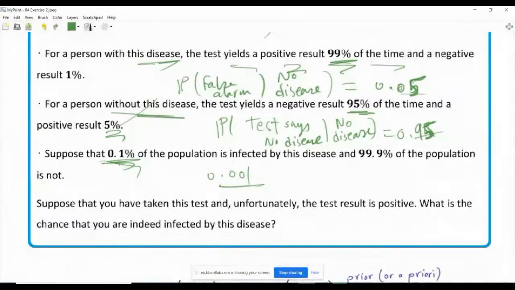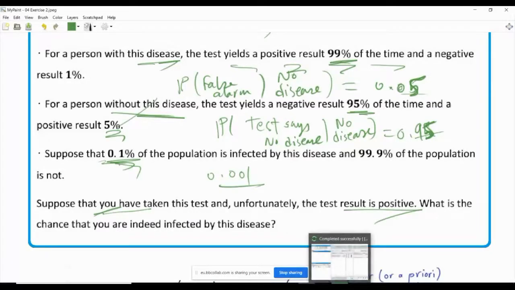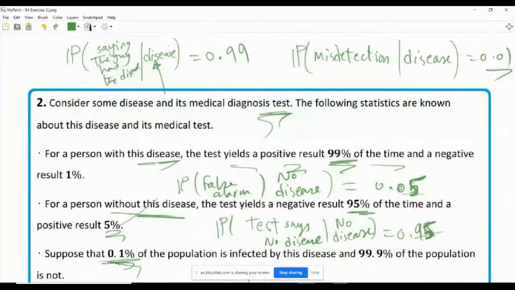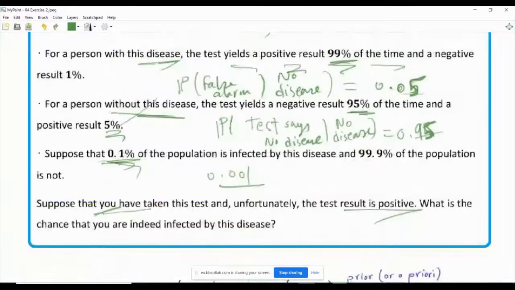So what are we supposed to answer now? Someone, you or me, took the test, and the test is positive. Okay, so now we are asking this question. See, the probabilities that I keep explaining here are conditioned on whether someone truly has the disease or not. But now we are changing the perspective. Now we know that the test result is positive.